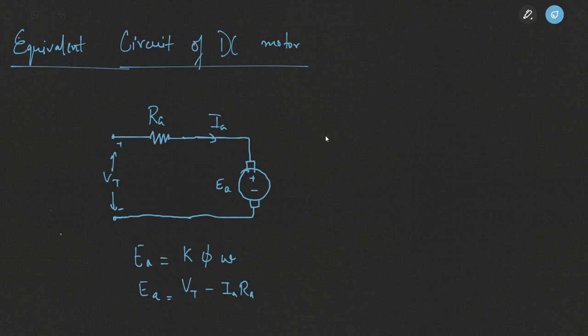Similarly goes for the field circuit. Field circuit also has windings. Since the field circuit is producing the flux, we'll be representing the field circuit using a series combination of RF and LF.